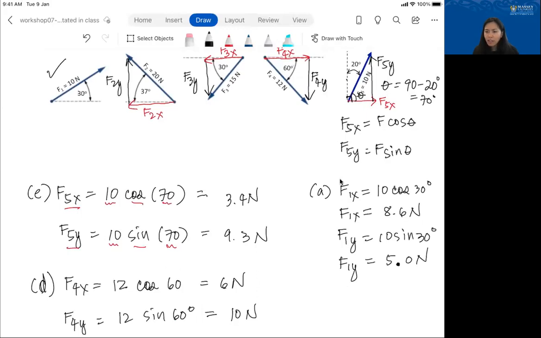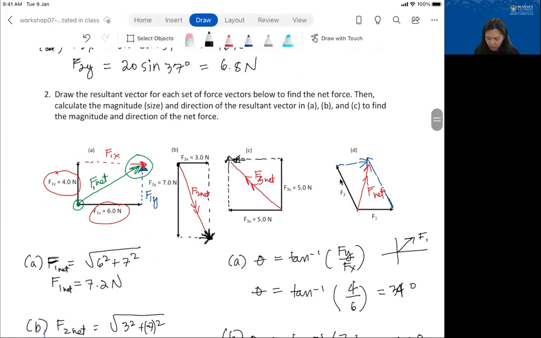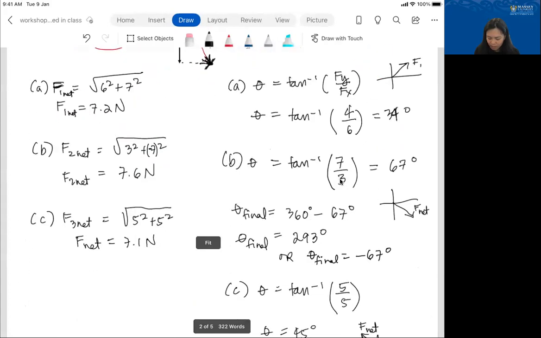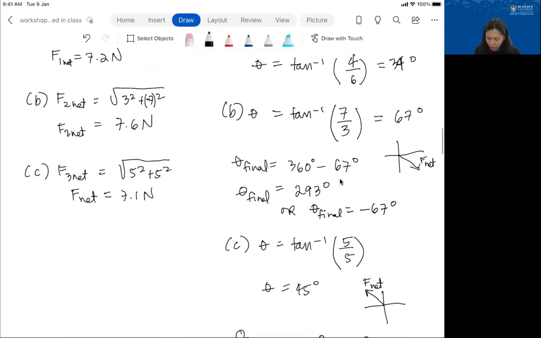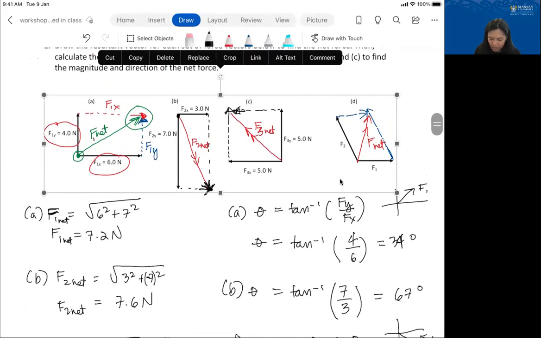Calculation for the angle of 2C. So for the angle of 2C, you are actually getting this angle here.